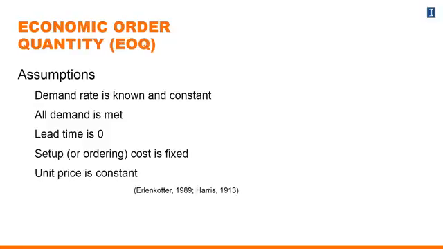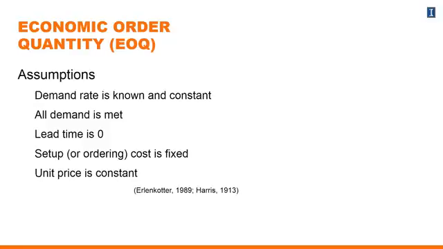So what are the assumptions here? The assumptions are that the demand rate is known and it's constant. Annual demand is something that we know we can forecast very well. That's what we're assuming here, however unrealistic it may be. And we're also assuming that all demand is met, that you're never telling a customer you don't have enough.